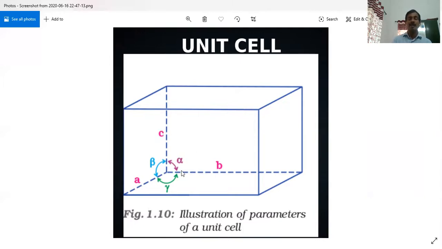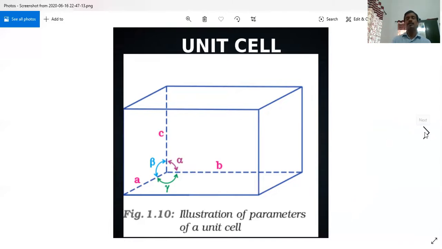Angles are alpha, beta, and gamma. Alpha is against a, in between b and c. Beta is against b, in between c and a. Gamma is against c, in between a and b. So 3 edge lengths, a, b, and c, and 3 angles, alpha, beta, and gamma.